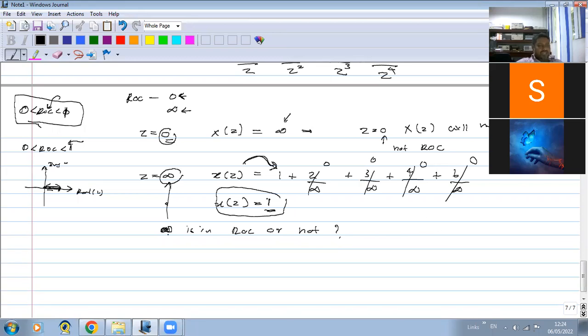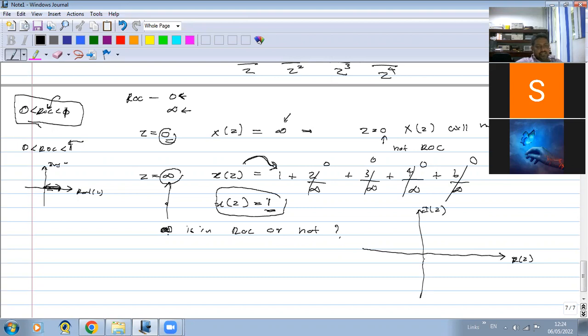If I draw the z plane, the complex plane, this is real z and this is imaginary z.